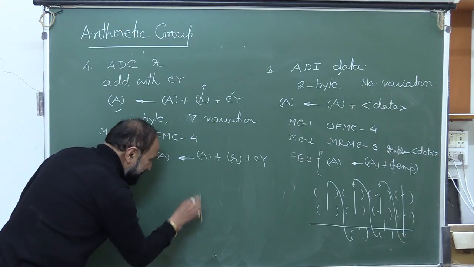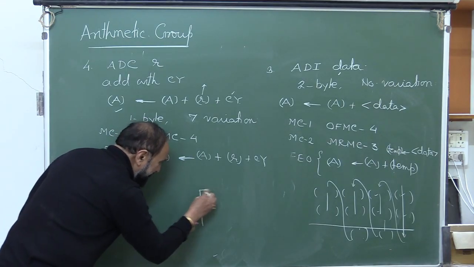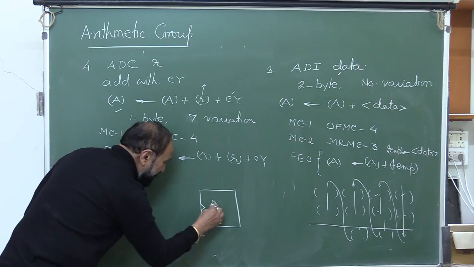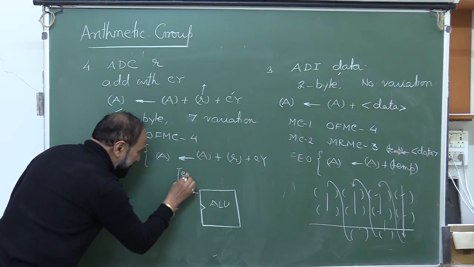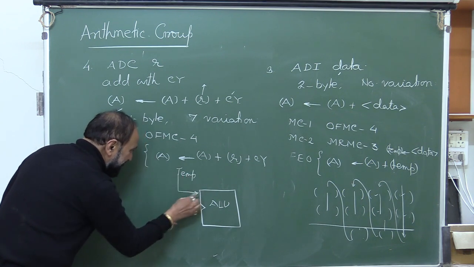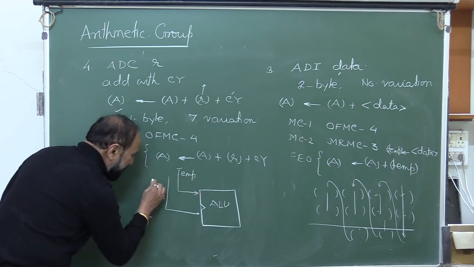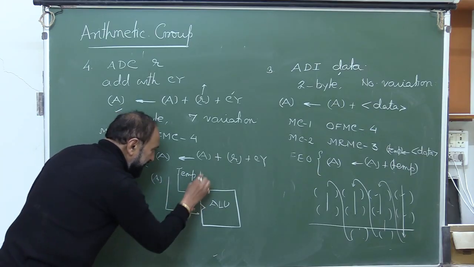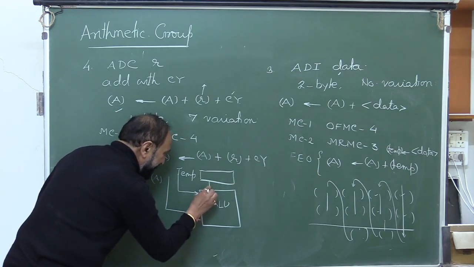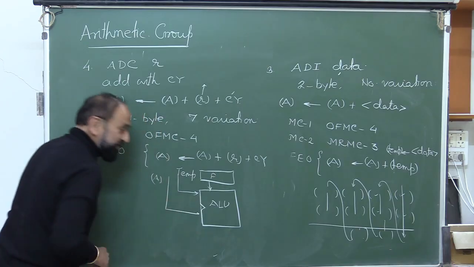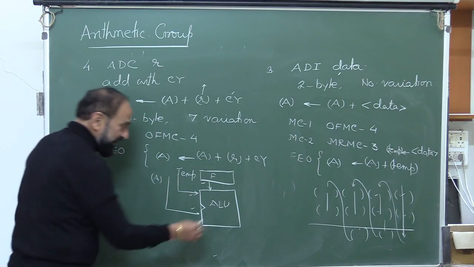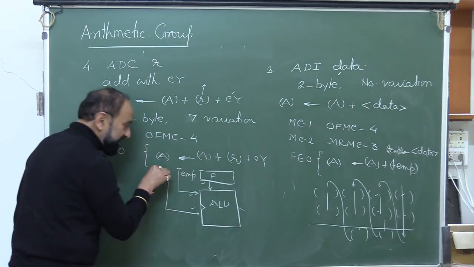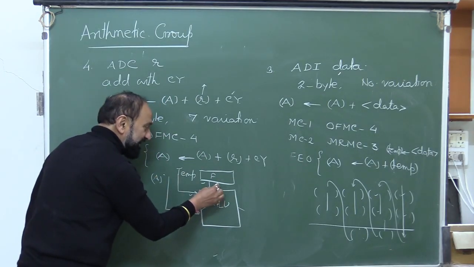You can just keep in mind that the ALU takes one data from the temporary register, it takes another operand from the accumulator, and it also takes information from the flag register. All these 3 are taken together, addition takes place, the result is stored, and the flags are affected.